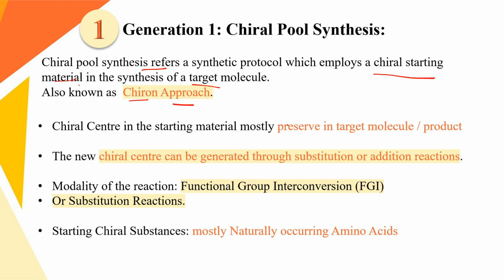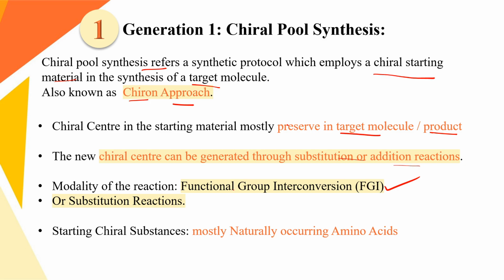The chiral center in the starting material is mostly preserved in the target molecule or product, and a new chiral center can be generated through a substitution or addition reaction, with the modality of the reaction being functional group interconversion or substitution reaction.